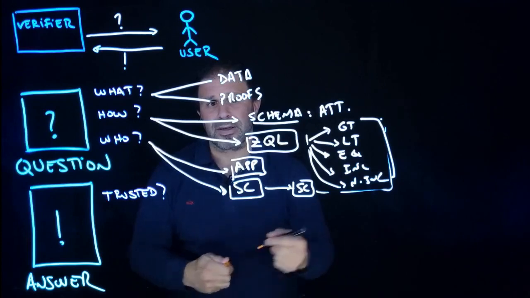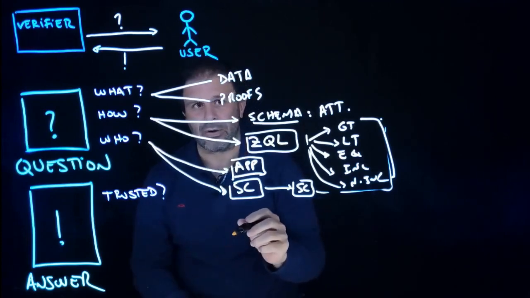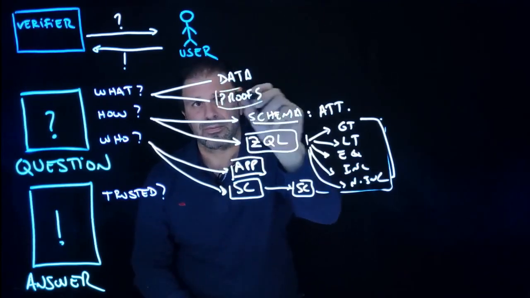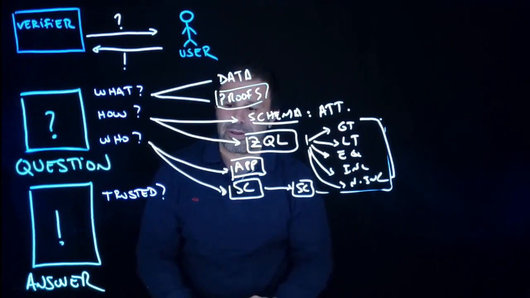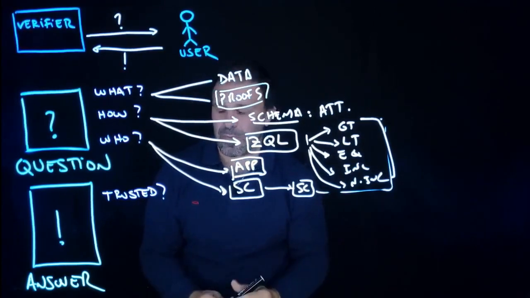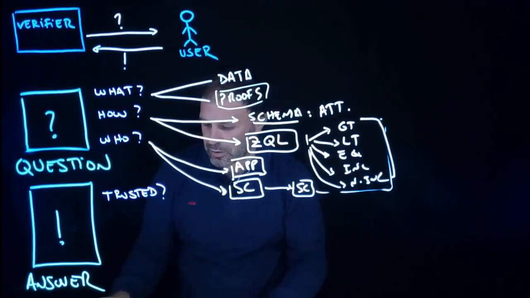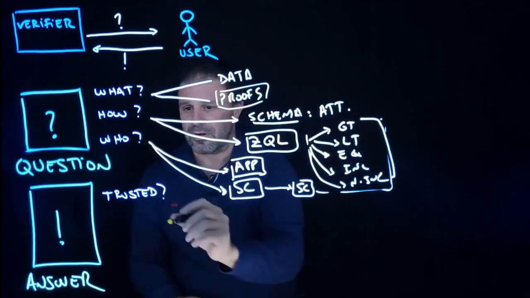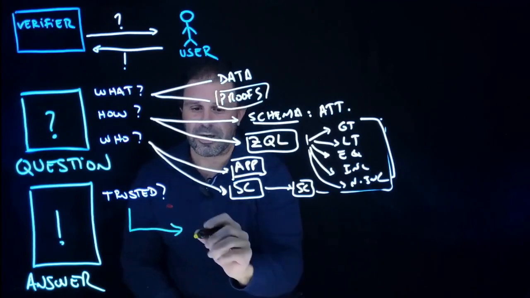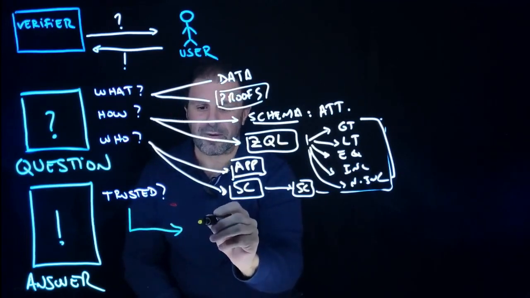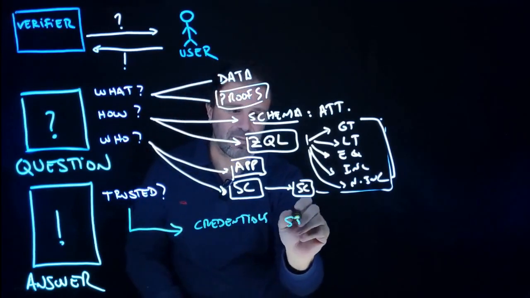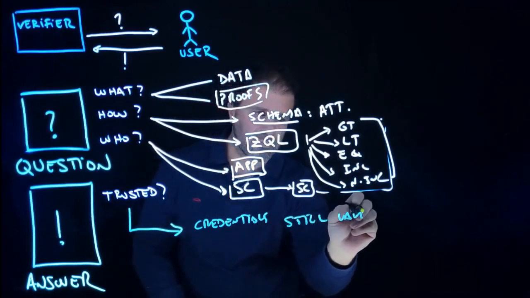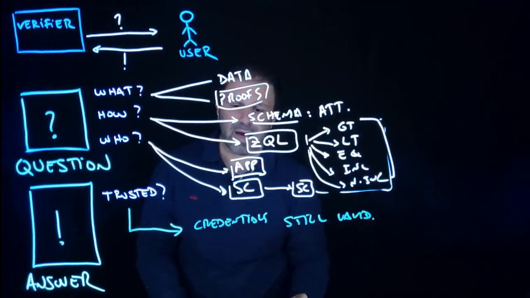For that, the user is sharing not only the proofs, but also another set of public information. There are a number of things that the verifier has to check to trust the answer. First of all, the verifier needs to know that the credentials are still valid. That means they have not been revoked by the issuer.